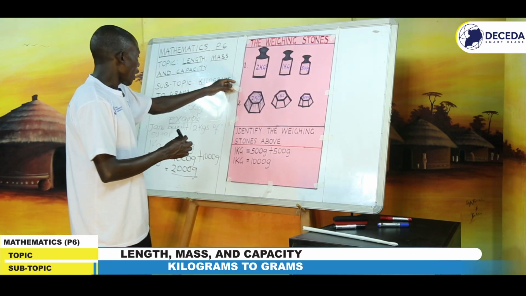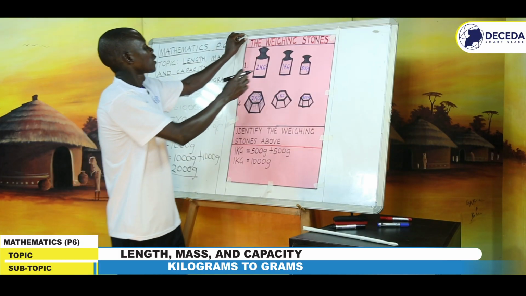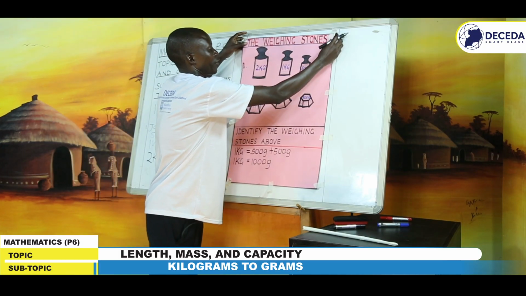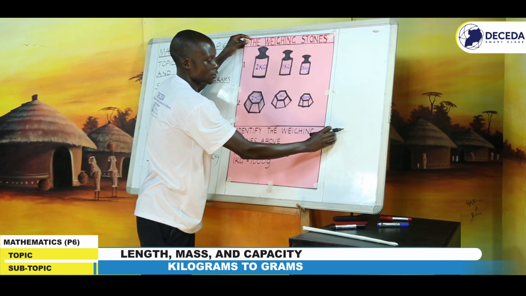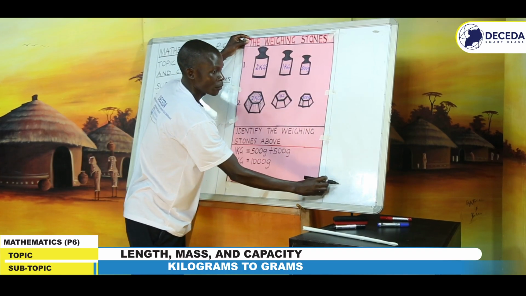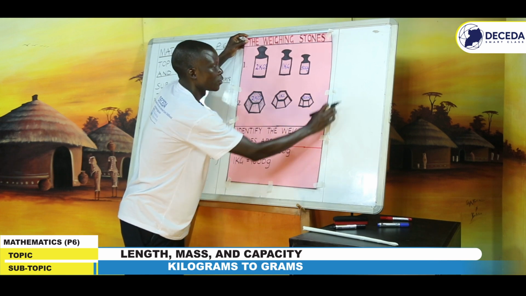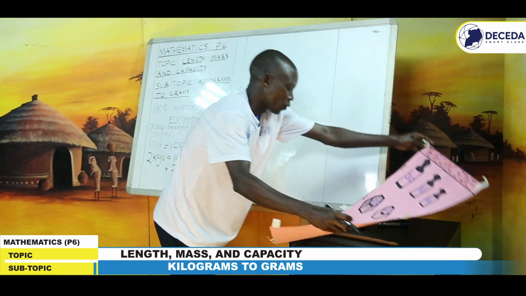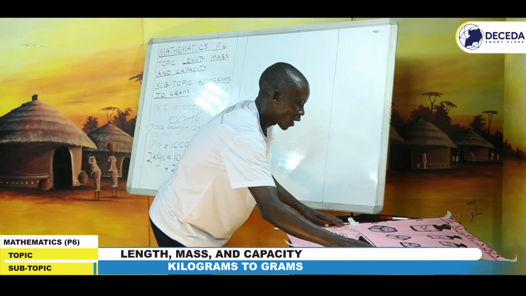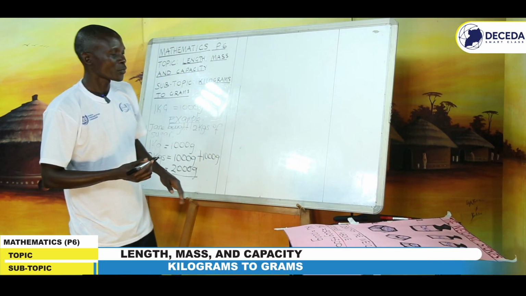Now, as we continue, I want us, since we have recognized the stones and we know that a kilo now is 1,000 grams, we now put this aside and we look at more of our shopping.